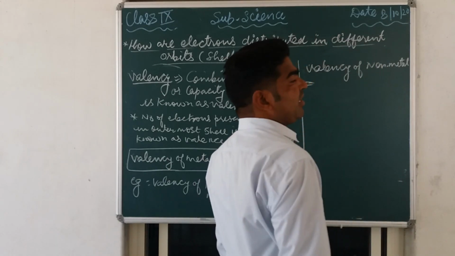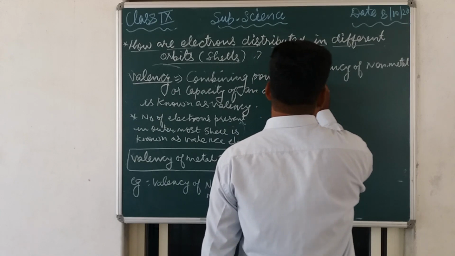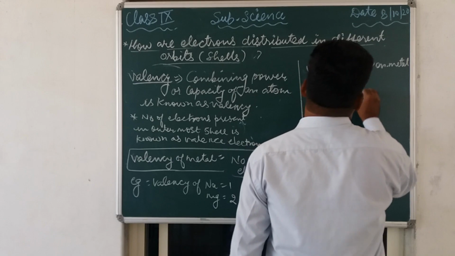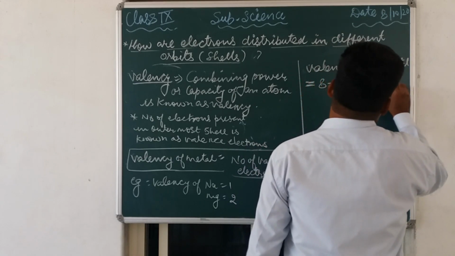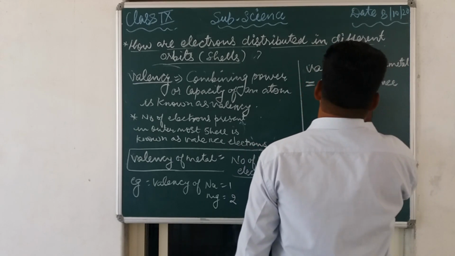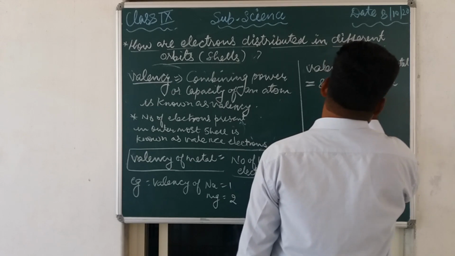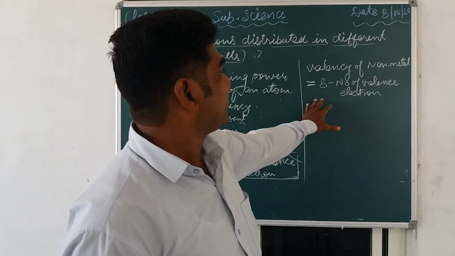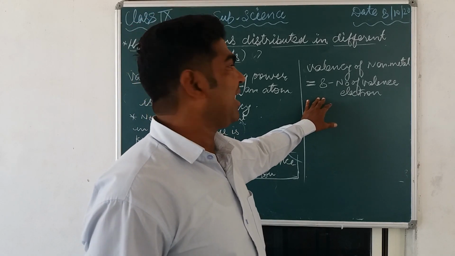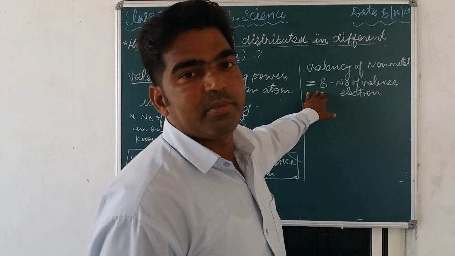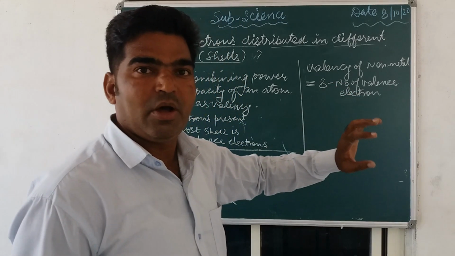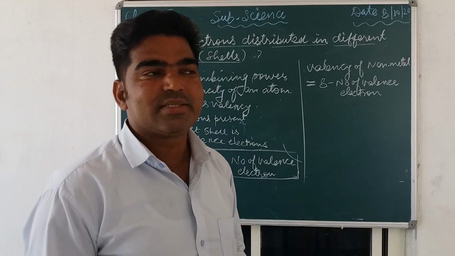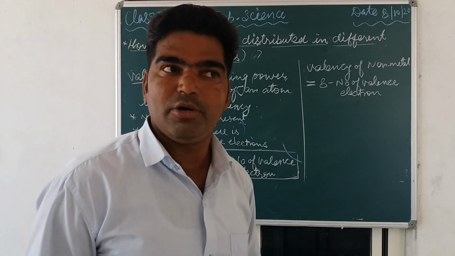Valency of a non-metal is equal to 8 minus the number of valence electrons. That means you subtract the number of valence electrons from 8, from the octet, and then you can find the valency of a non-metal.